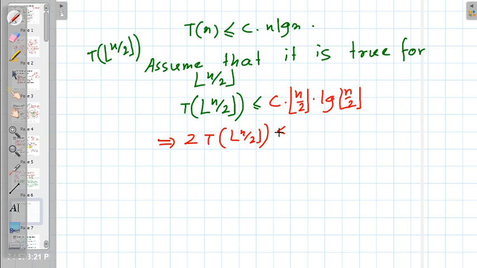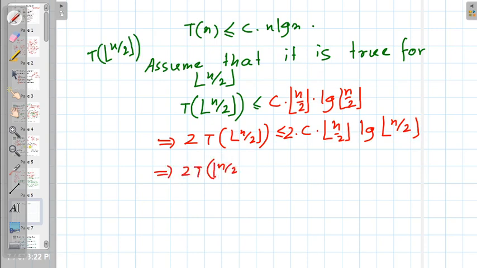We are multiplying both sides by 2, so it is less than or equal to 2c times floor n by 2 times log of floor n by 2, and then we add n to both sides.